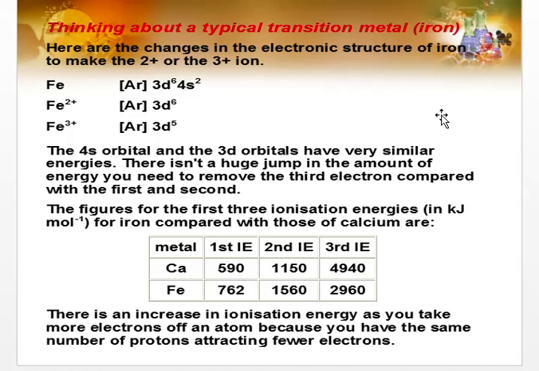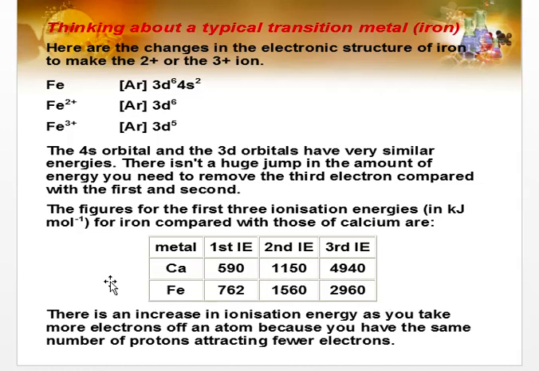The 4s orbital and the 3d orbitals have very similar energies. There isn't a huge jump in the amount of energy you need to remove the third electron compared with the first and second. These are the figures for the first 3 ionization energies for iron compared with those of calcium.